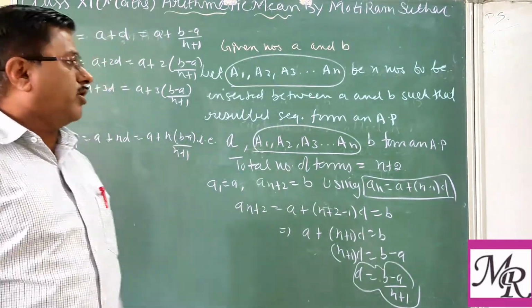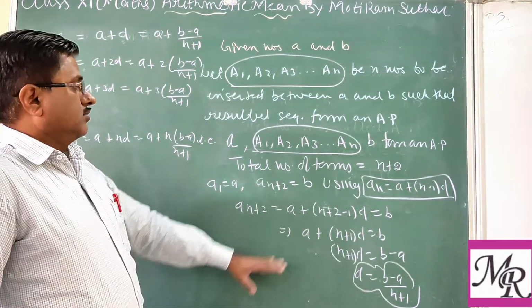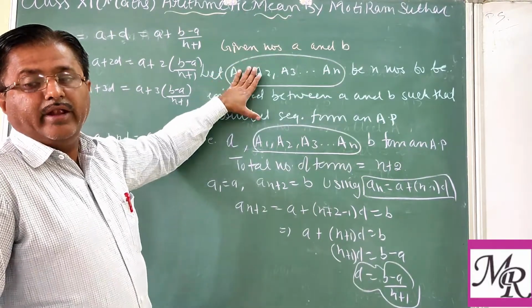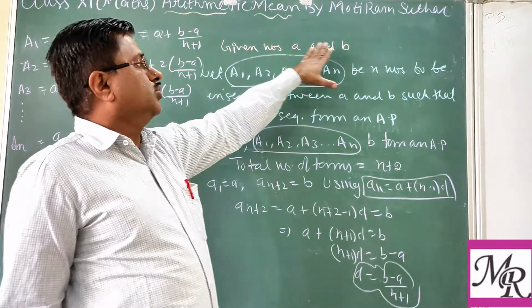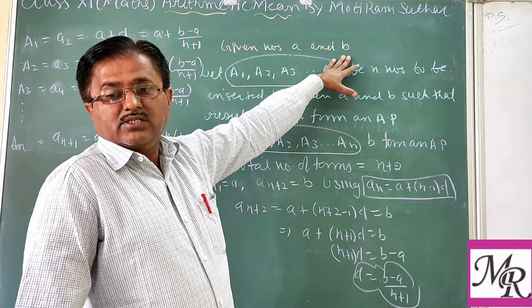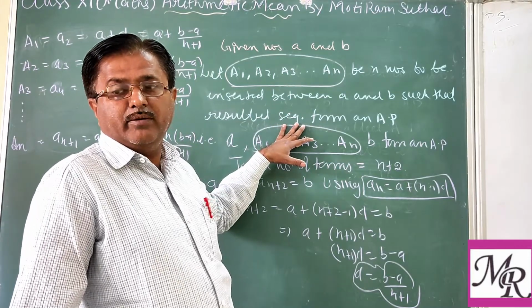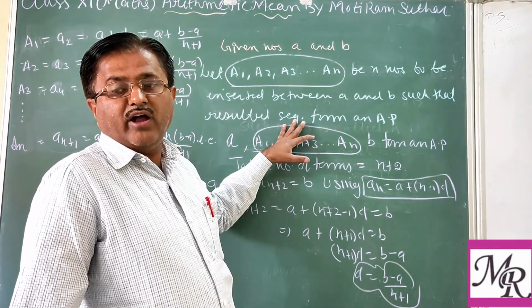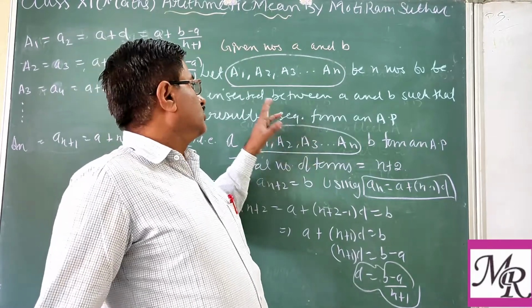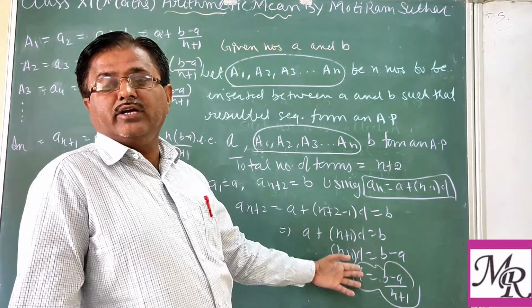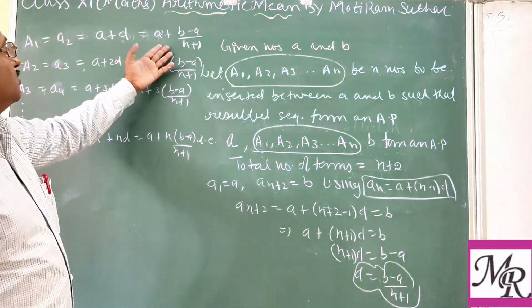So this is the general formula. What is the formula? If you want to insert n numbers between two given numbers such that the resulting sequence forms an AP, how can you find those n numbers? First of all, you find D. A is already given. After that you can use these formulas.